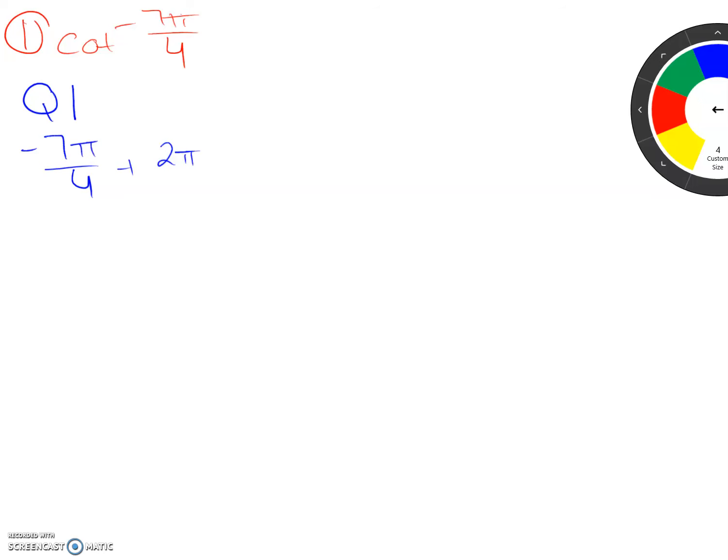Really, anytime you're adding 2, you're just adding 2 times your denominator to your numerator, because you've got to get common denominators. 2 times 4 is 8. Negative 7 pi over 4 plus 8 pi over 4 is just going to be pi over 4, because negative 7 plus 8 is 1. So this is in the same location as pi over 4, which is quadrant 1.